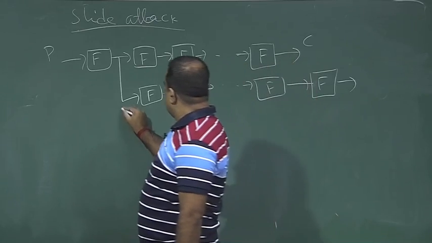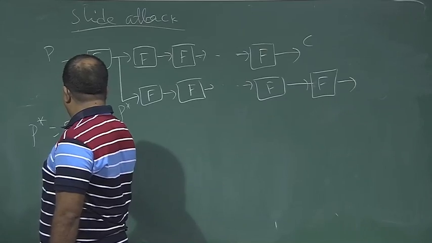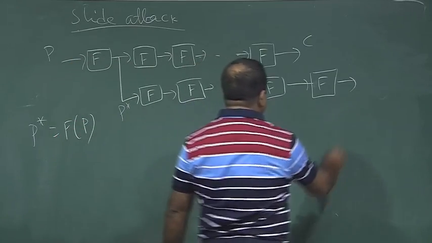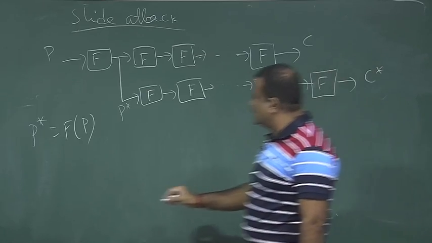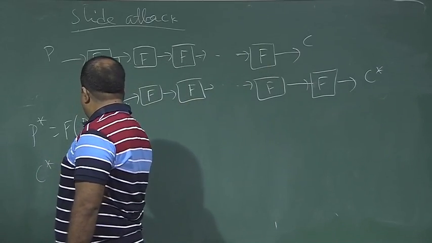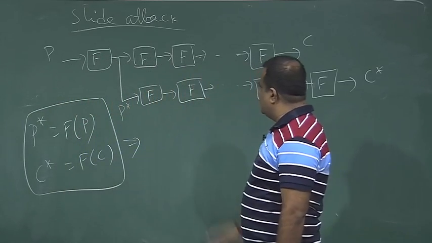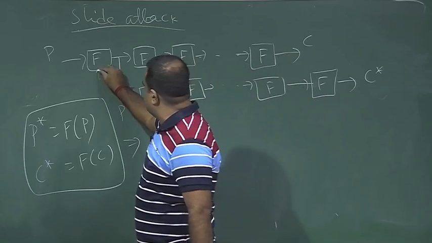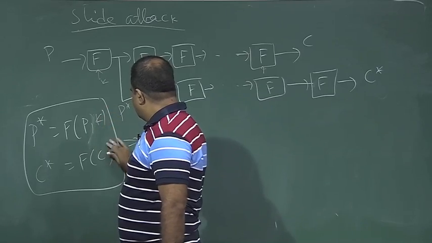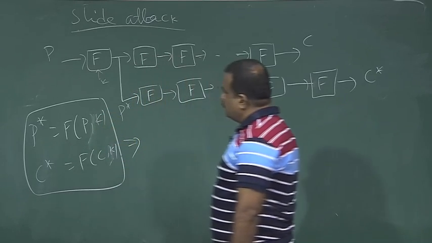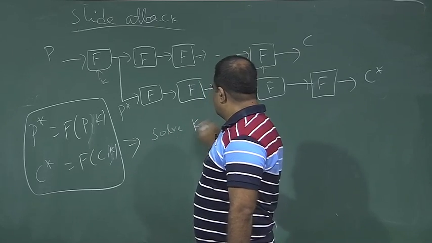If we denote this by P star, then P star is basically F of P, and C star will be F of C. Now, from these two equations, we are assuming the same key k for all rounds. If we can solve for k, that is the attack.